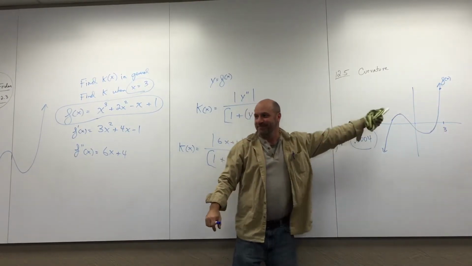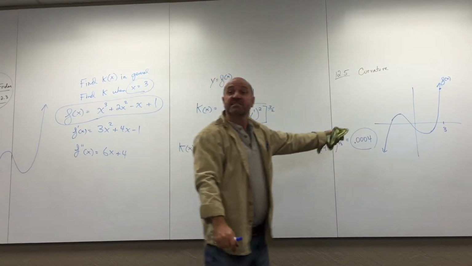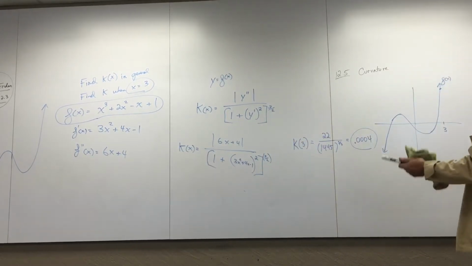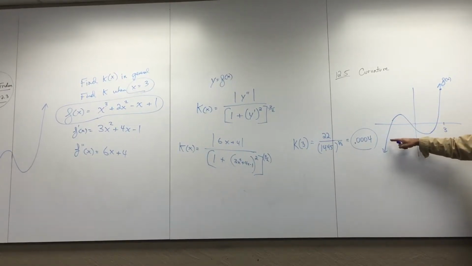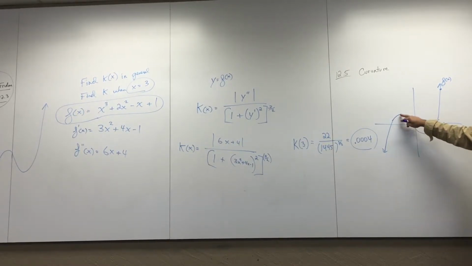For the millionth time, where is this function the most curvy? Maybe it's most curvy at its relative mins and maxes. That's where it's going to be most curvy.